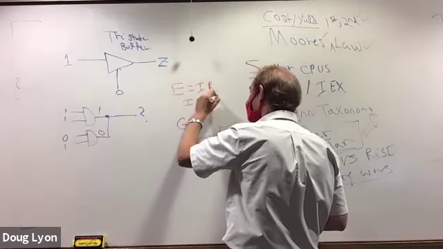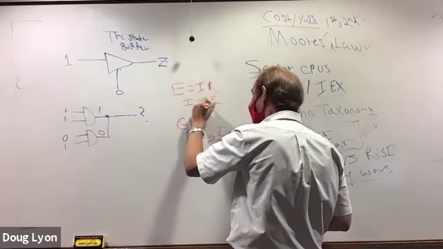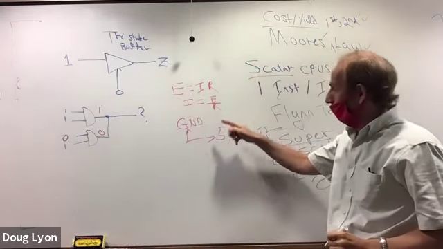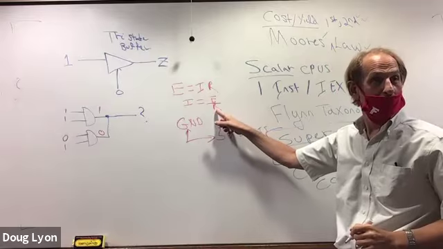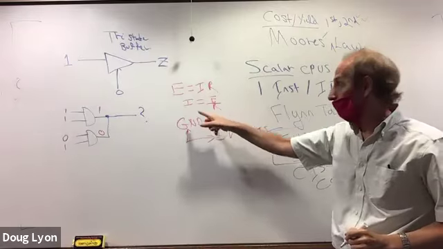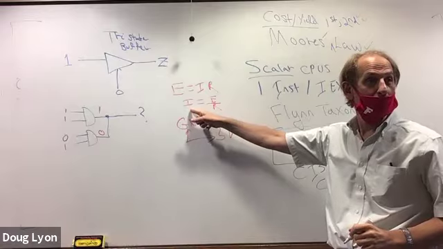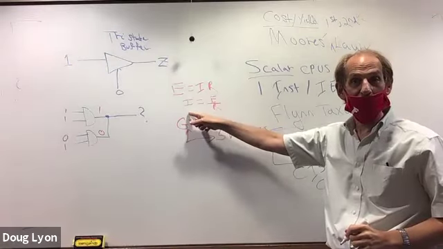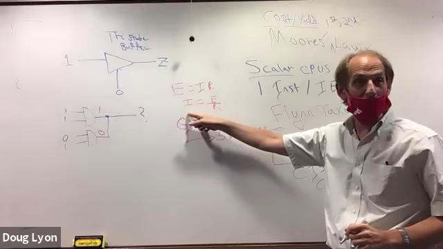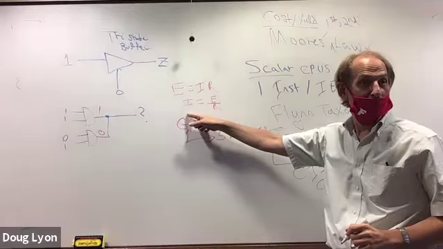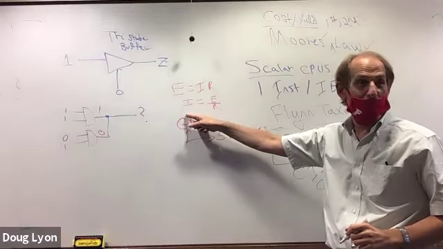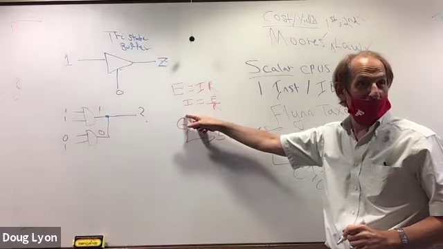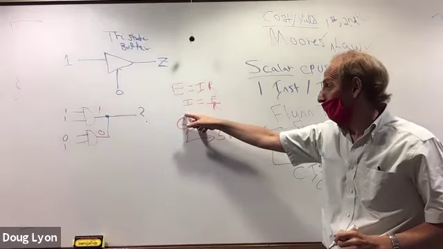I equals E over R. If you're hooking ground to 5 volts, R goes to 0. What happens to your current? Your current goes to infinity. What happens when you have infinite current? Things get really hot and upset, and nobody likes you, and the world is gloomy, and you get all depressed.